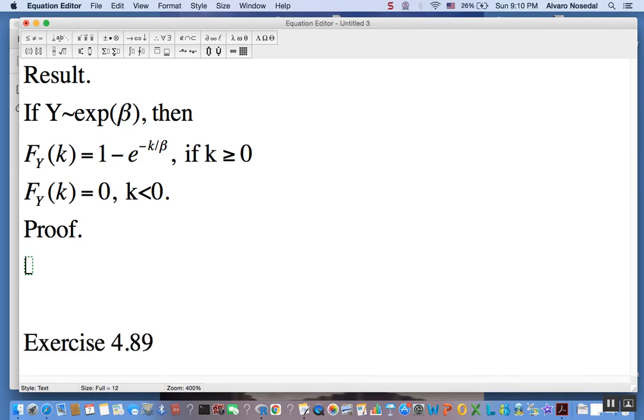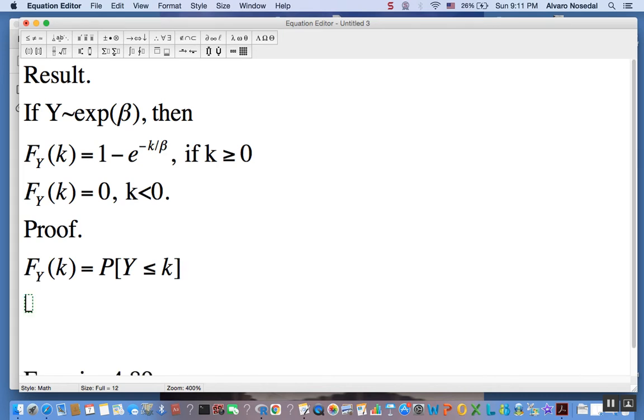So first, let me copy paste this guy. Uppercase F of y evaluated at k, that is just the probability that the random variable y is less than or equal to k, right?